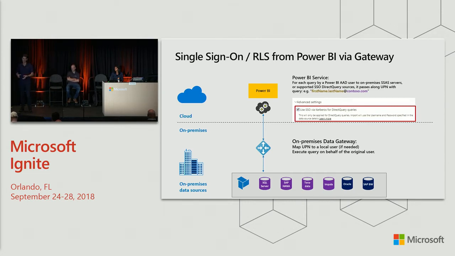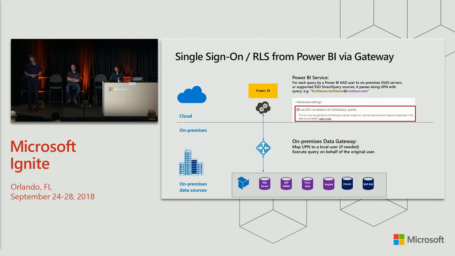There are more details on those configuration options, with links embedded in this deck, of what you need to configure. In terms of availability, we currently have this working for SQL Server Analysis Services, SQL Server, and SAP HANA. For SAP HANA, what we have already released is single sign-on with Kerberos, and we will soon release single sign-on with SAML.